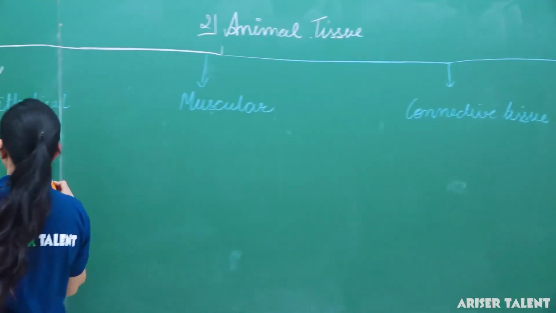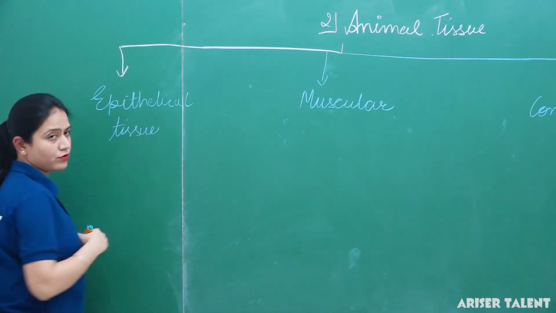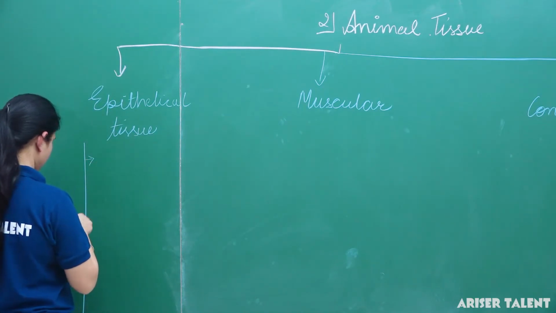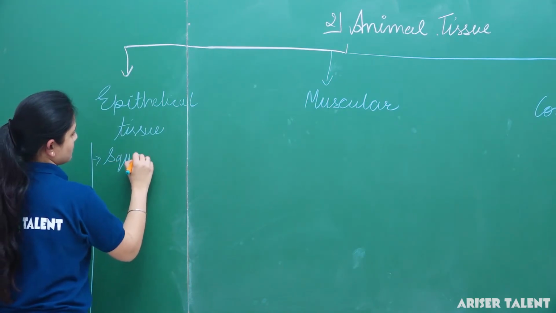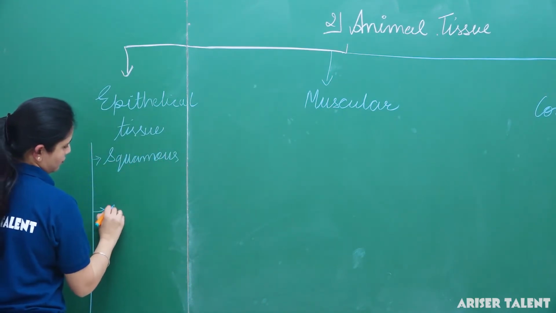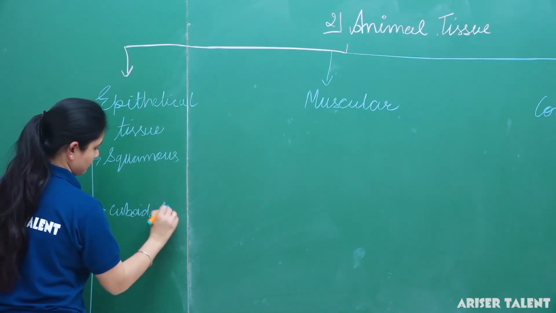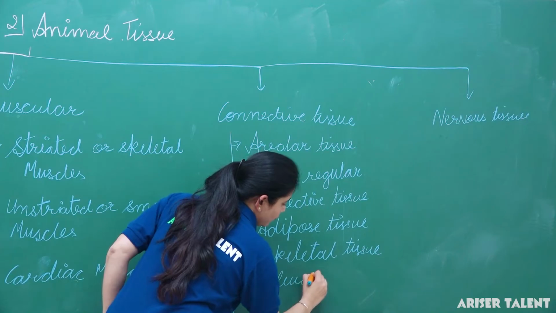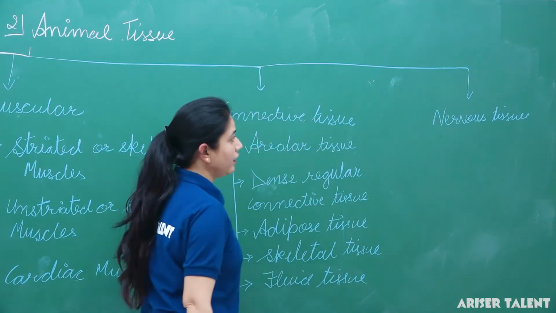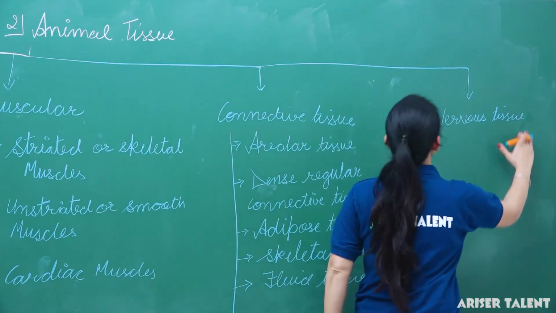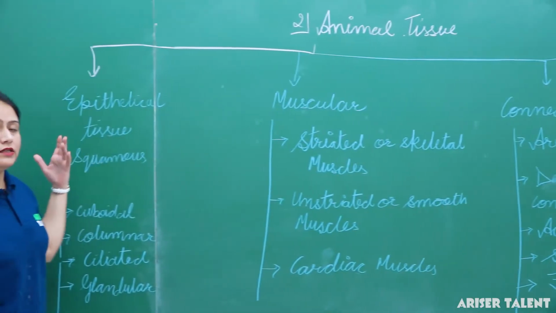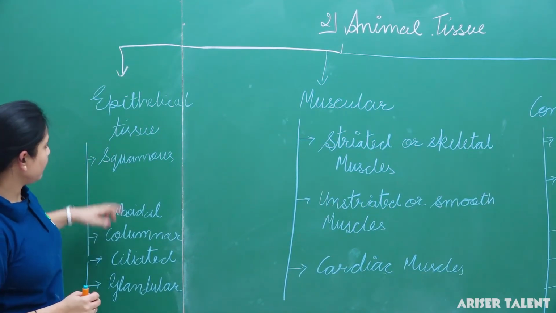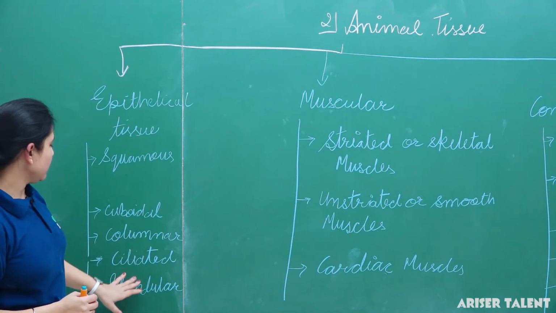As I told you, epithelial tissue means which is covering the outer body. Epithelial tissue is of 5 types: squamous, cuboidal, columnar, ciliated and glandular.